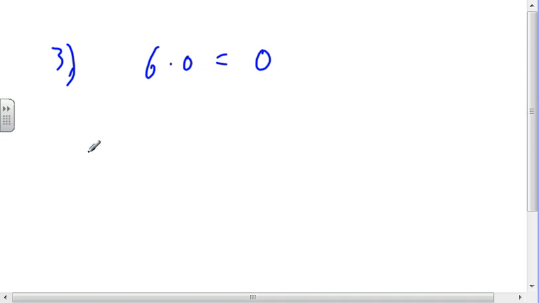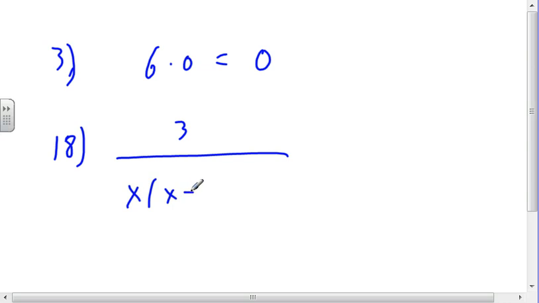I really can't tell. Number 18. So I've got 3 divided by x plus 1, x minus 1. And what am I supposed to do with this? Find the values of x that make the fraction meaningless.